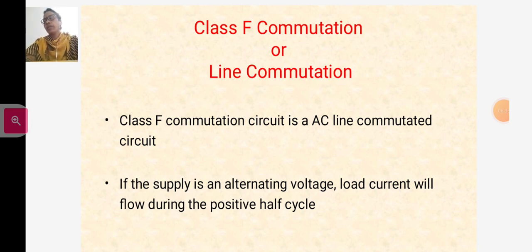During the negative half cycle, the thyristor gets turned off due to reverse source voltage, and its current is less than the holding current. It is necessary that the turn off time of the thyristor is less than the duration of the negative half cycle, or the duration of the negative half cycle must be more than the turn off time of the thyristor.